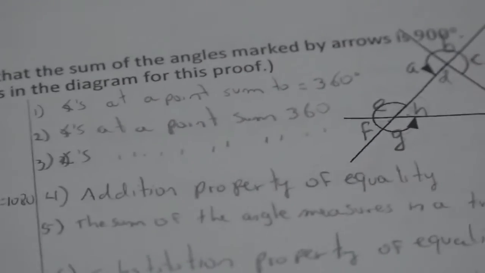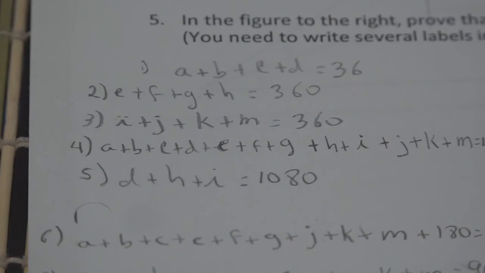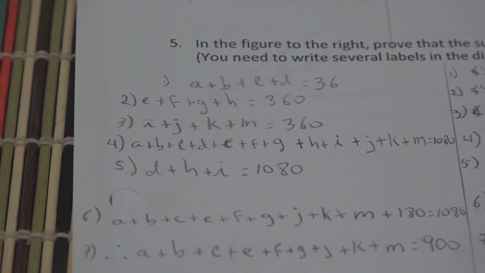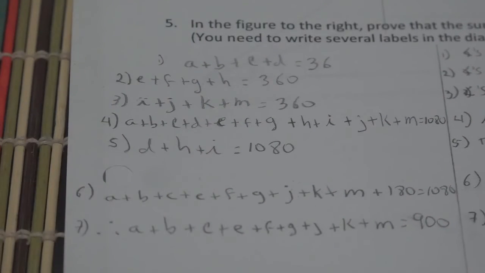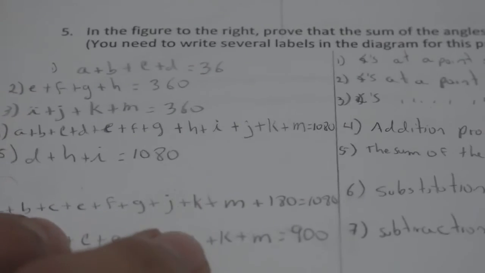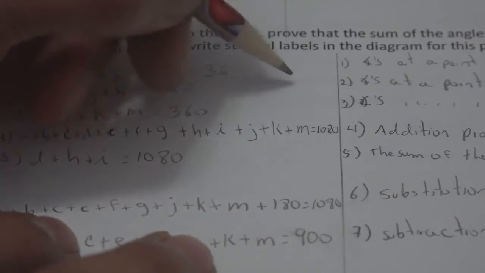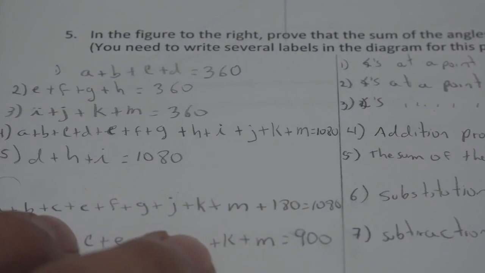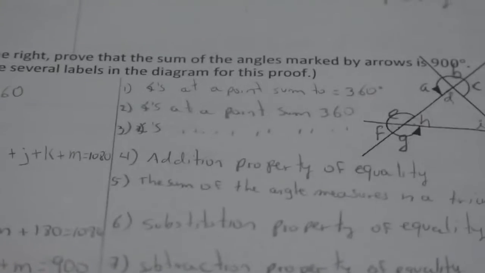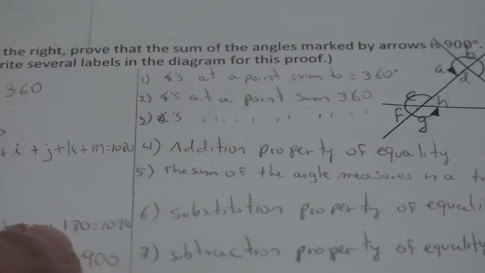So let me show you what I wrote as my statements. Okay? I wrote A plus B plus C plus D equals 360. And my reason was that angles at a point sum to 360.